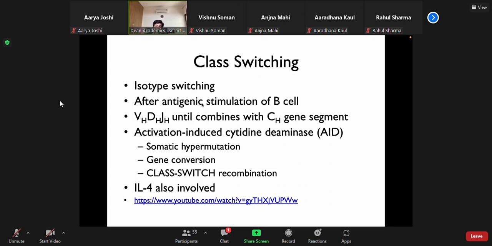Obviously, this process again happens after antigenic stimulation, right? We know that the preceding step is a productive VDJ recombination. Once you have this recombination, your constant region is attached, and initially you make Ig mu antibody, rather IgM antibody, and Ig delta, and IgG, IgA, and IgE are because of this antigenic stimulation, right?